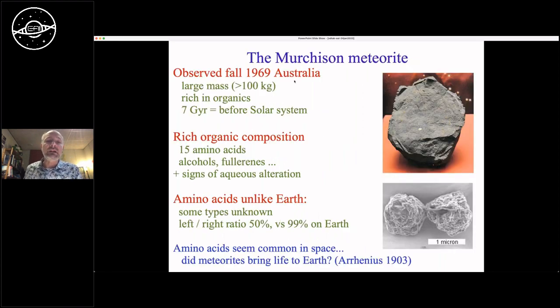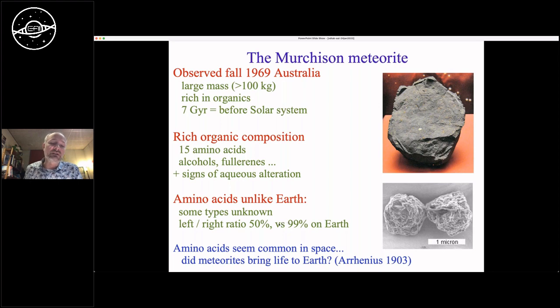There are also people who search meteorites, maybe not for signs of life, but at least for organic matter. One famous example is shown here. It's the Murchison meteorite that is very rich in amino acids, right, the building blocks of proteins. It also has signs that liquid water-based chemistry occurred.